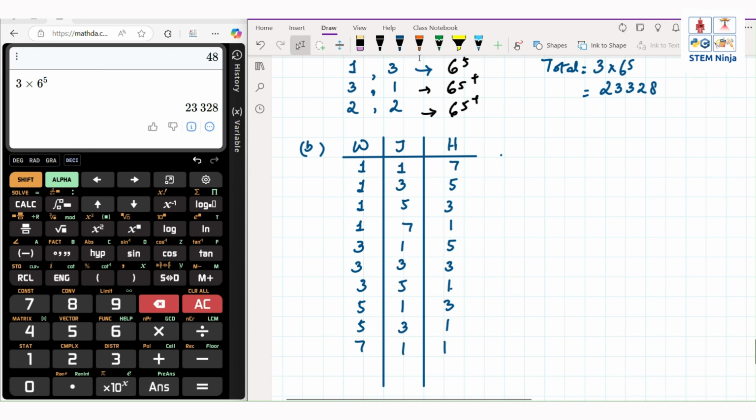Now, we don't want to find out the exact combinations for all of them. We just need to identify the pattern over here. To identify the patterns, you have 1, 3, 5 occurring how many times? 1, 2, 3, 4, 5, and 6. So 6 times.